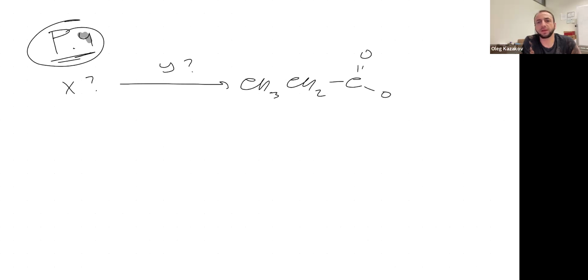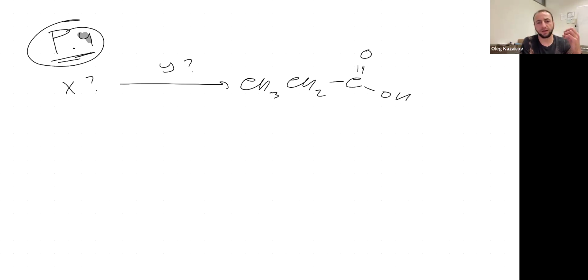So that's the one: C double bond O, C single bond OH, attached to some carbon. That's going to be the carboxyl group, carboxy group, carboxylic acid functional group. These are all synonyms for this kind of formation of atoms.